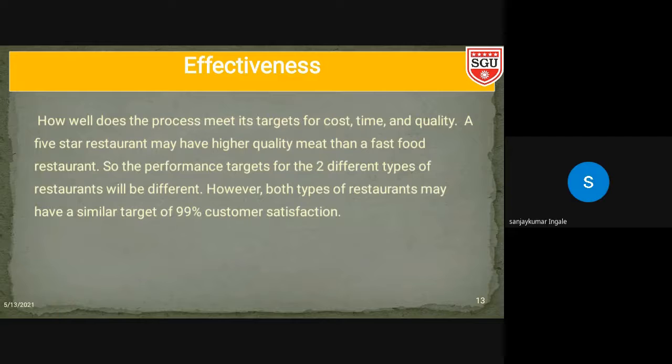So the performance target for two different types of restaurants will be different, but however, each type of hotel may have a similar target, that is 99% customer satisfaction.